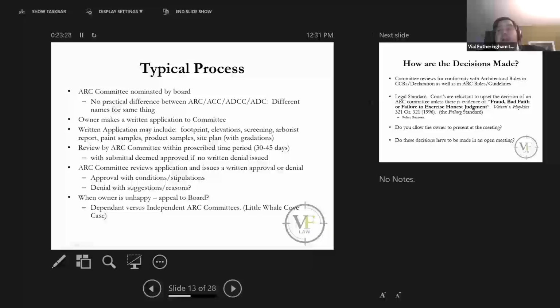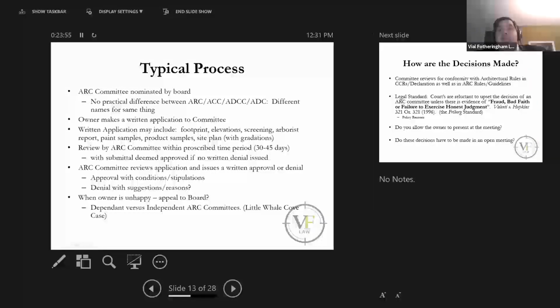The elevation drawings, the footprint drawings, any landscaping plan, any screening plans, paint samples, product samples, a topography site plan with the gradation shown on it. If you're doing some engineering, an engineer's report, things like that, or a geotech report if you're changing the grading and dealing with that.